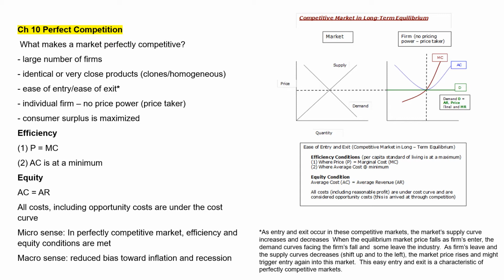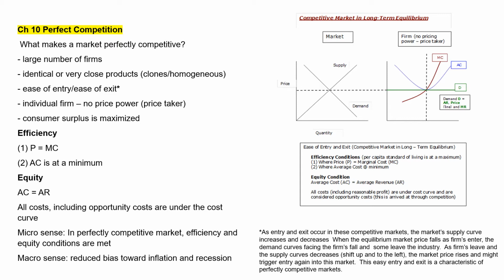All right. And there's ease of entry or exit, and I'll just read this off. As entry and exit occurs in these competitive markets, the market supply curve increases and decreases. When the equilibrium price falls as firms enter, the demand curve facing that firm falls, and some leave the industry. As firms leave and the supply curve decreases, shifts up and, if you will, to the left, the market price rises and might trigger entry again into this market.